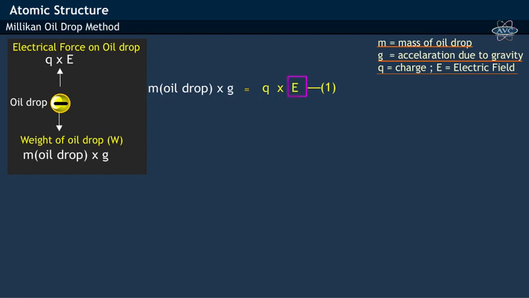By moving the E term to the other side of the equation, we get the charge on the oil droplet Q equal to mg divided by E.